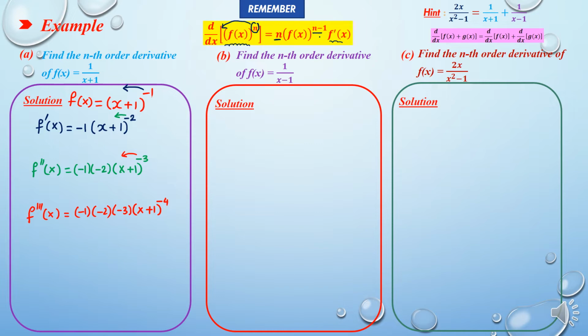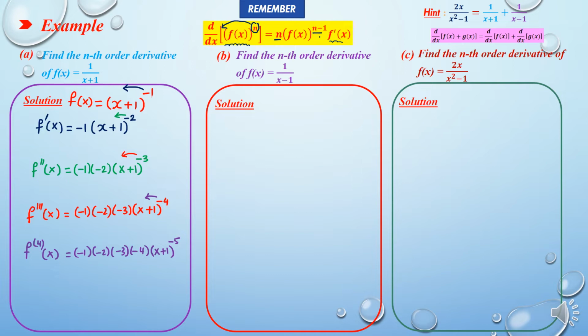Now last, you have to find the fourth derivative. So the fourth derivative is negative 1 multiplied by negative 2 multiplied by negative 3, put down negative 4 multiplied by the function itself, then subtract 1 from the exponent, and you will get negative 5. Then multiply by the derivative of the inside function, which is 1.